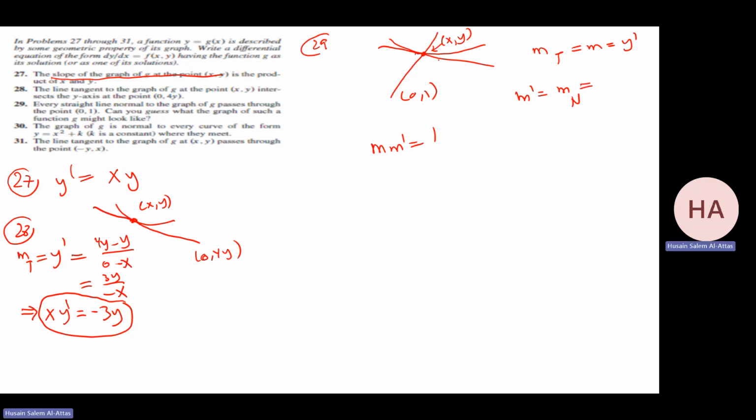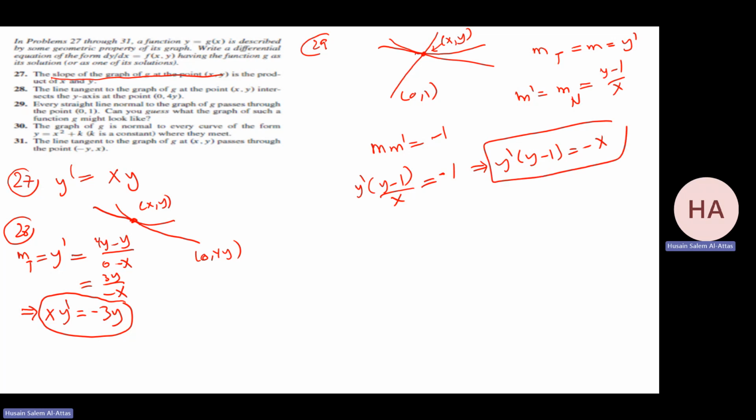Since it passes through these points, it will be Y minus 1 over X. So I have Y prime times Y minus 1 over X is equal to minus 1. So that means the equation y prime times y minus 1 equal minus x. That will be my equation.